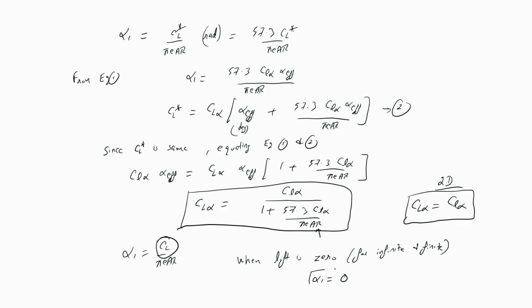So that means there will be no induced angle of attack. Alright. So now if I quickly plot the CL versus alpha curve for a cambered airfoil, this was for aspect ratio infinite, and this is for aspect ratio finite. So it should start at the same point.